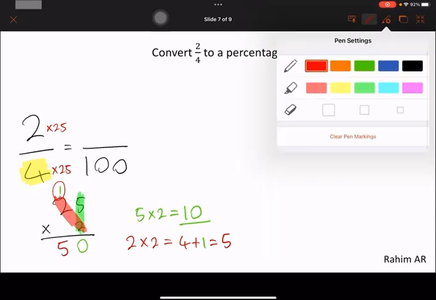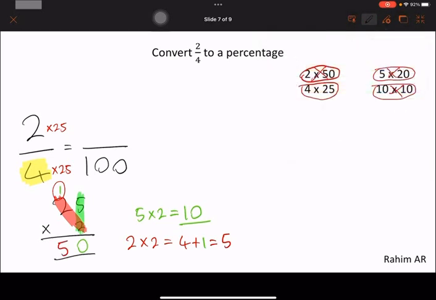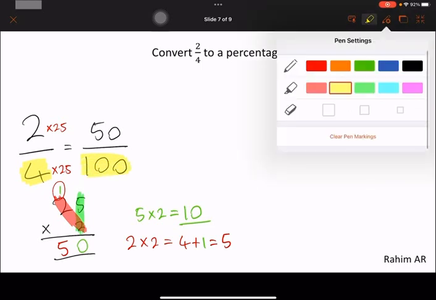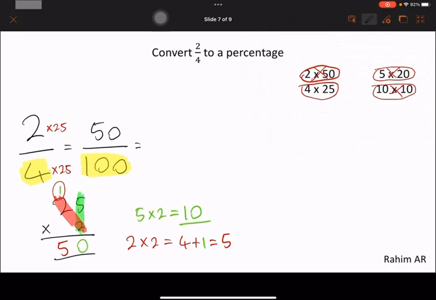So the answer is 50. 50 over 100. Since the denominator here is 100, you can just directly write down 50 as your answer, and don't forget the percent symbol. Okay, I hope all are clear.